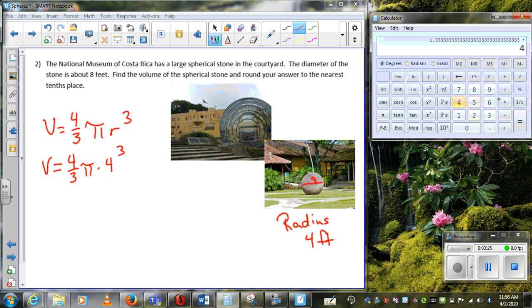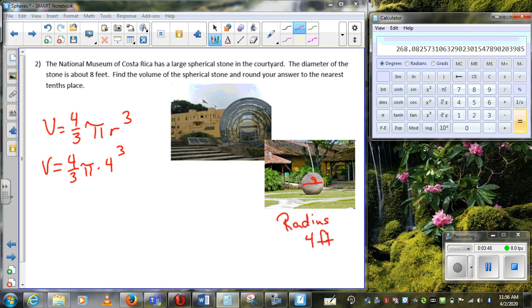I'm going to go 4 times 4 times, whoops, I saw 44 in there. So let me do this again. 4 divided by 3 times pi times 4 times 4 times 4.